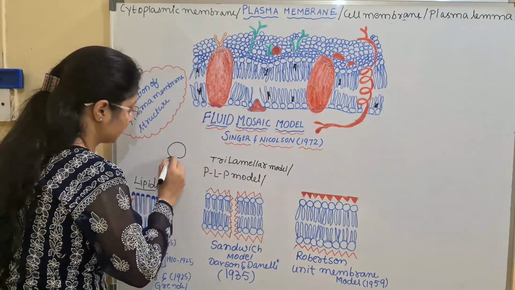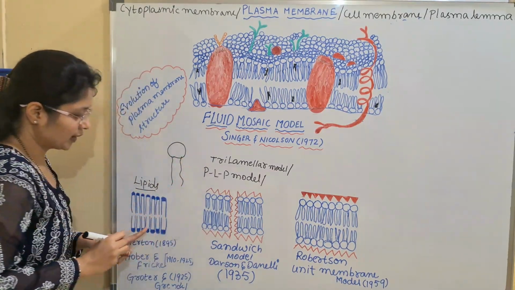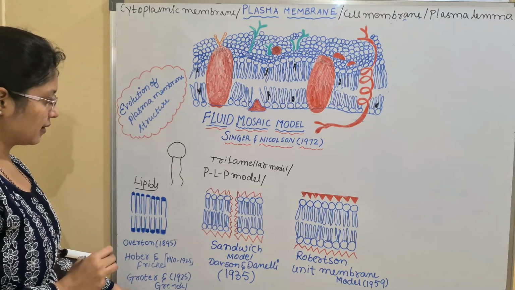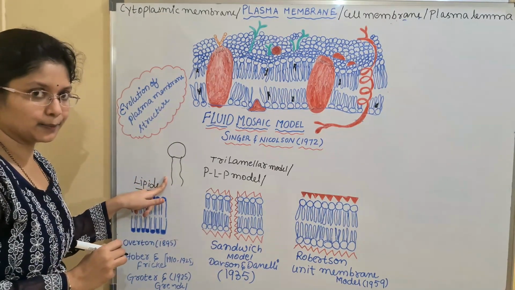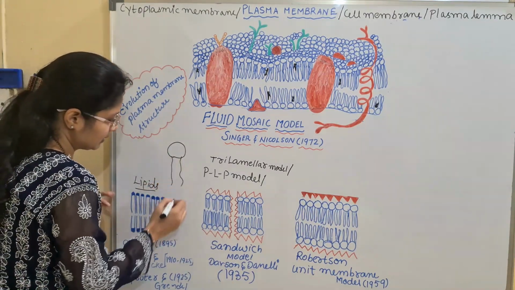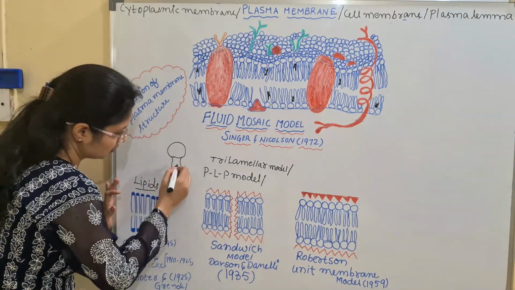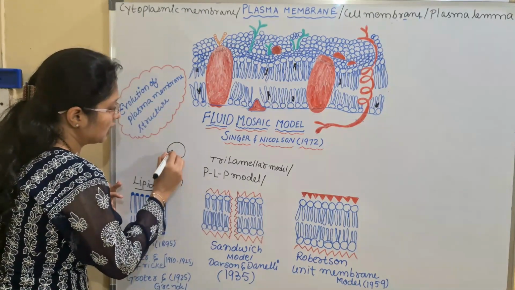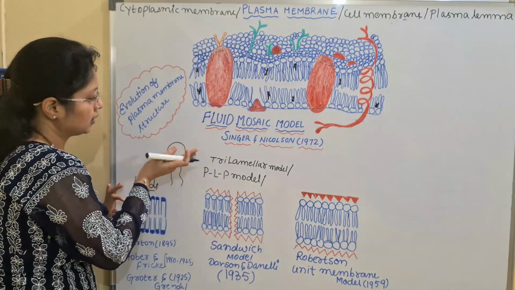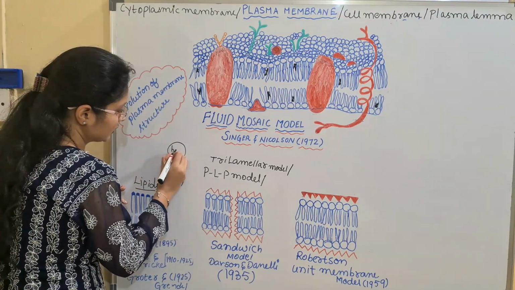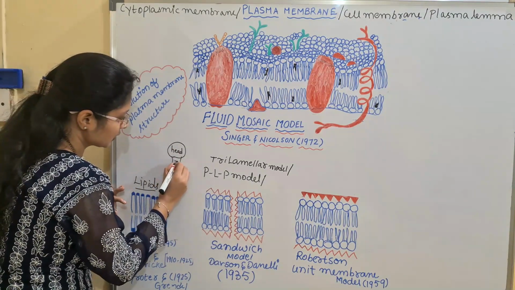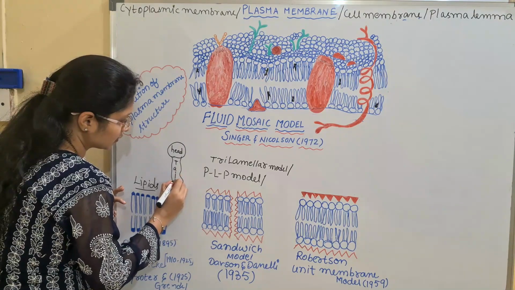According to Gorter and Grendel, the hydrophobic region is in the center. Okay, so it is like this, center towards the inner side, and the hydrophilic region is facing outwards. This is said to be the head region, and this is the tail region.